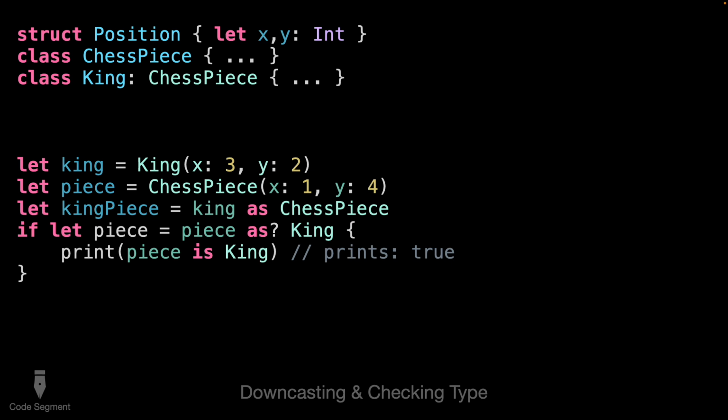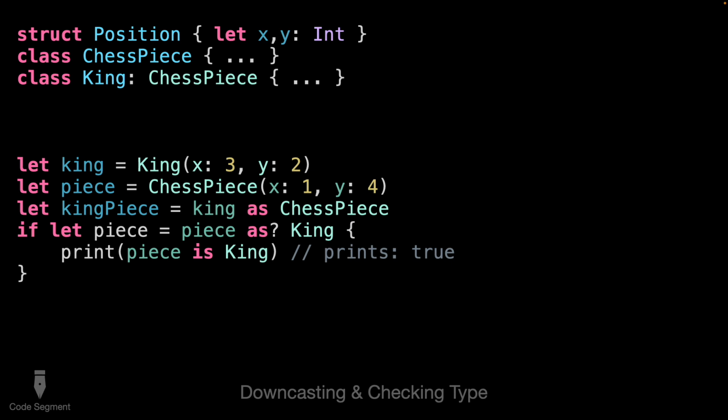Moving forward, the king piece constant has a type of chess piece, even though the thing that we actually stored was a king, okay? So it's weird, but king piece is still pointing to the same piece of memory as king. Our king constant here and king piece, they're pointing to the same piece of memory.